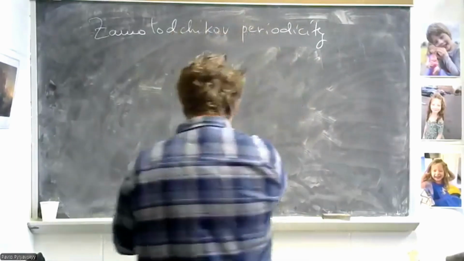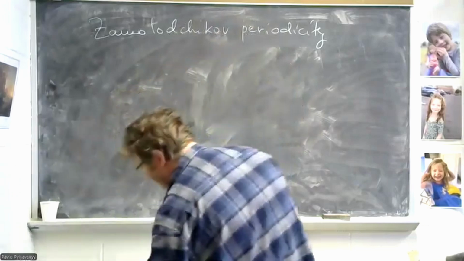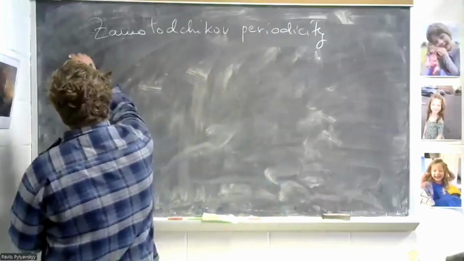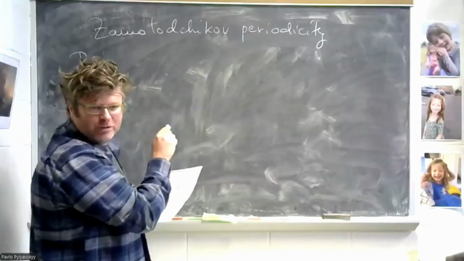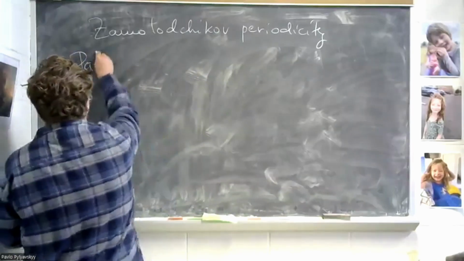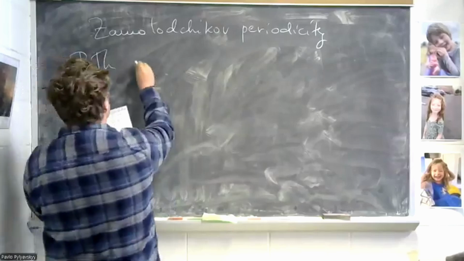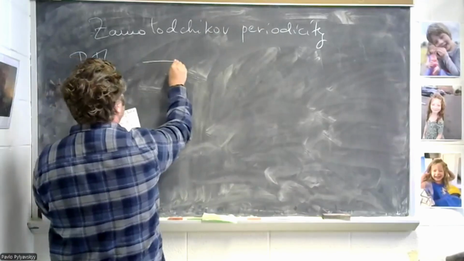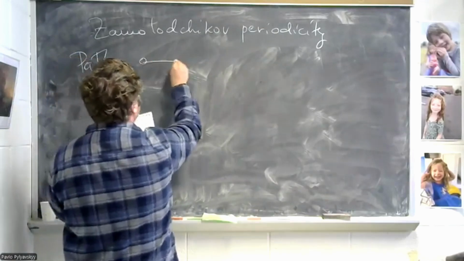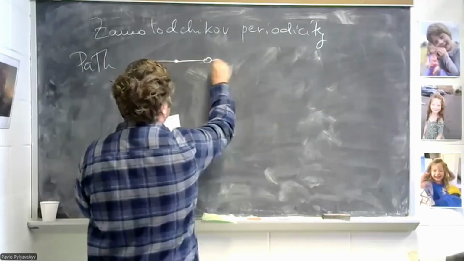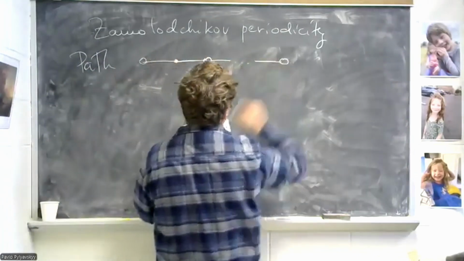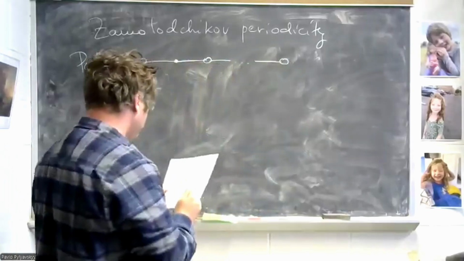Let me start telling you what it's about, and we'll start on a very basic level. Let's take a path, and we will color it black and white. The last one is black or white.